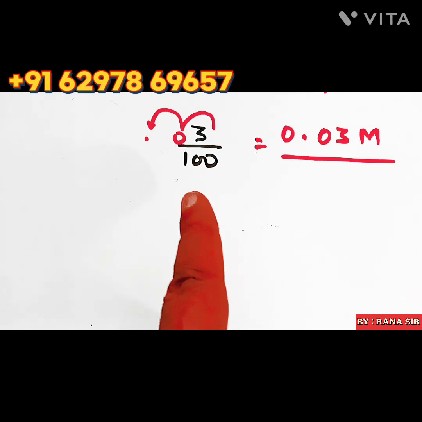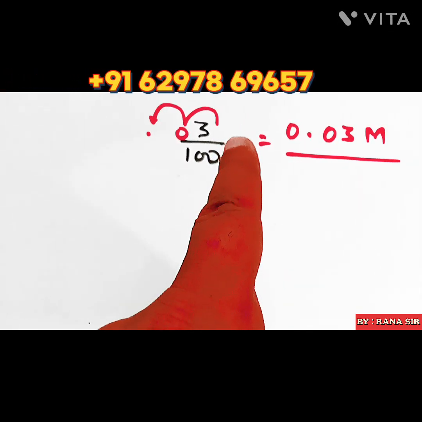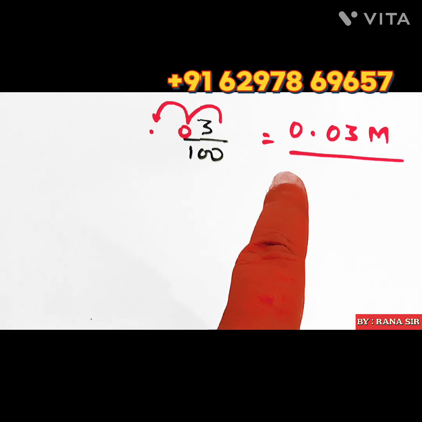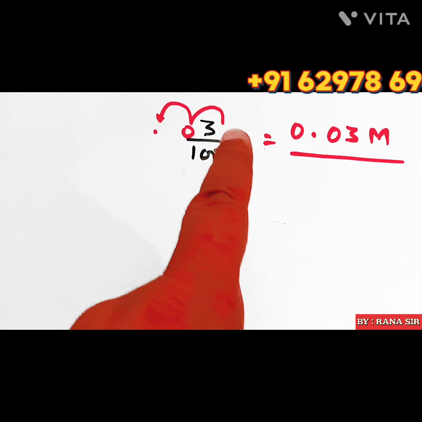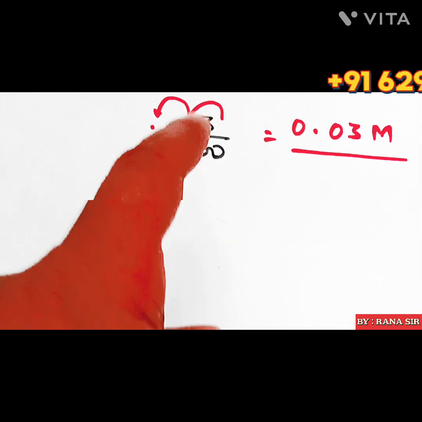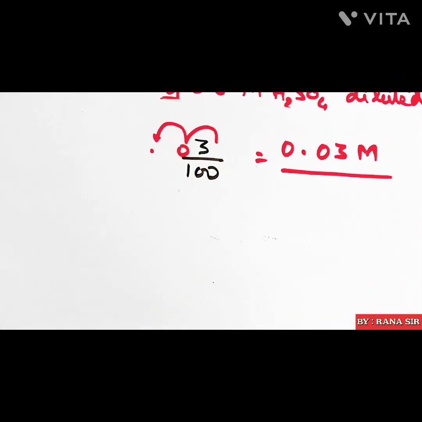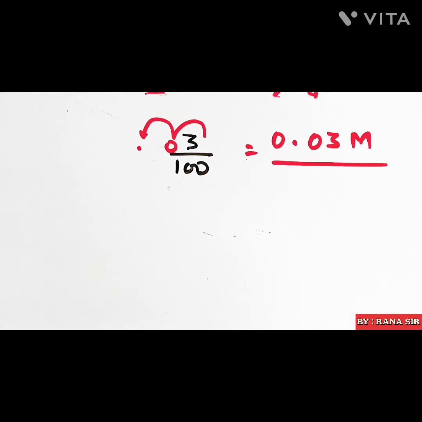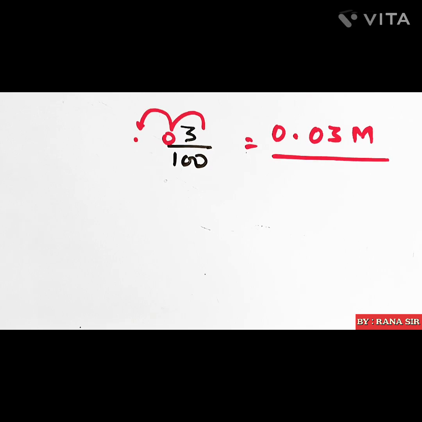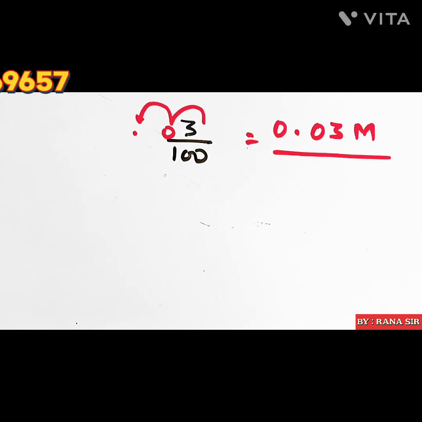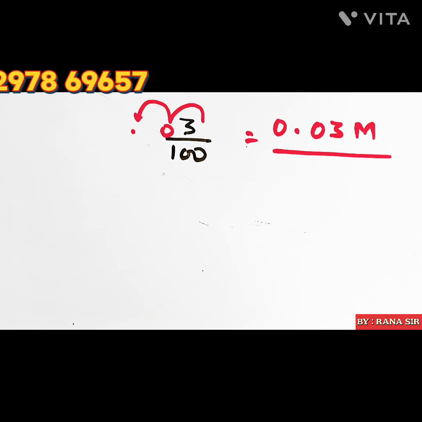Divide by 100 means there are 2 zeros, so we have to jump the decimal from right to left. So I have jumped first position, and then second position the decimal point lies here, and there is 0. So what is the answer? 0.03 molarity. Okay, let's proceed to the next question.